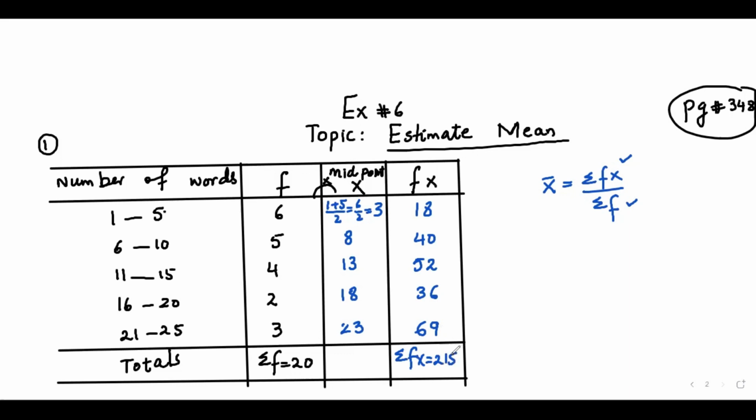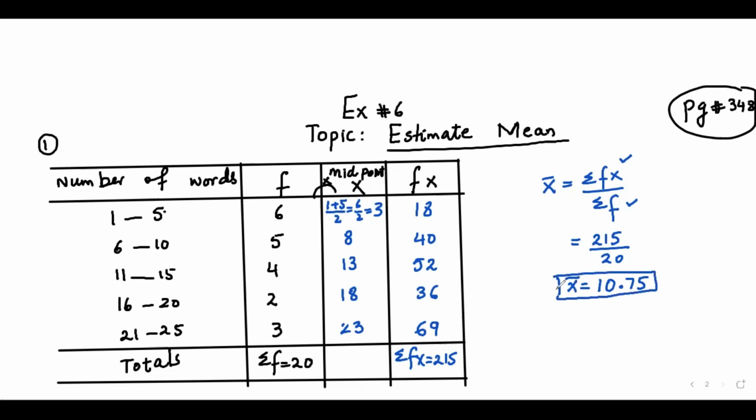Now you only have to substitute in the formula: summation fx is 215, divided by 20. 215 divided by 20 gives 10.75, and this is your answer for the estimated mean.